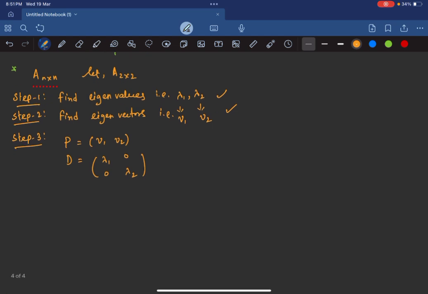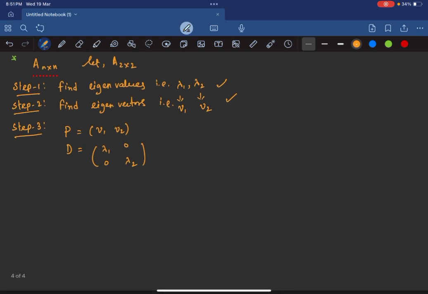This is D and this is P. Once we have this P and D, then step 4, you just check whether AP is equal to PD, whether this is holding or not. If AP equals PD, then immediately we will claim that A equals PD P inverse.